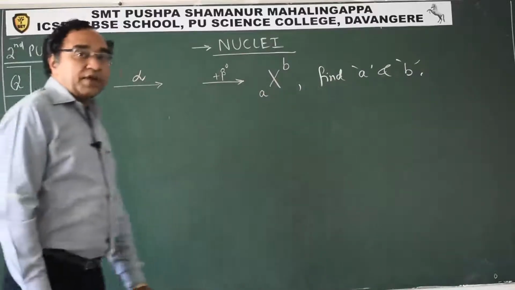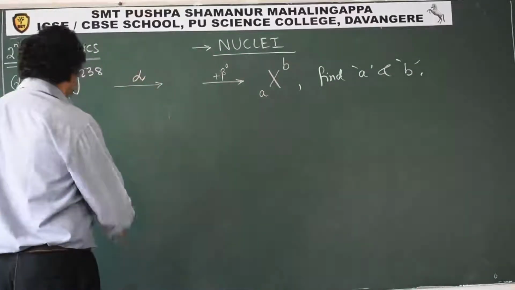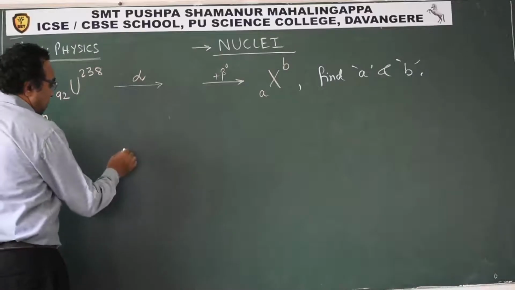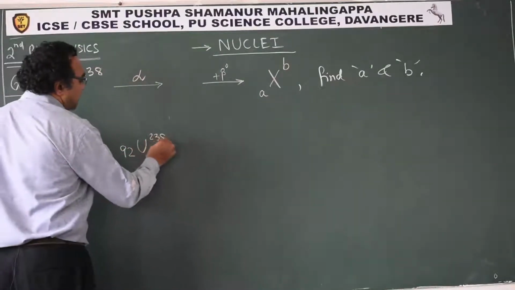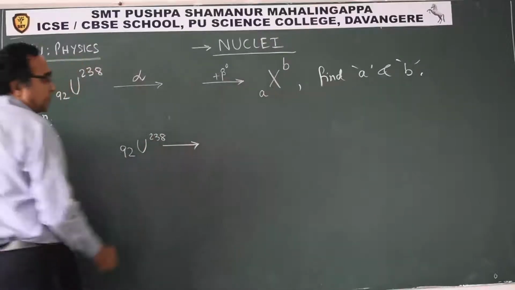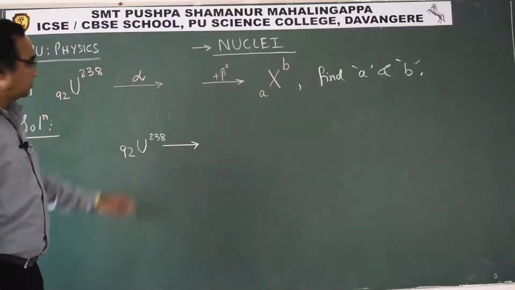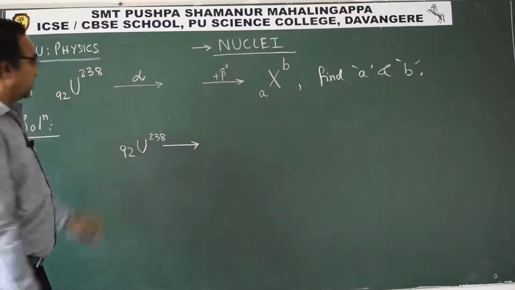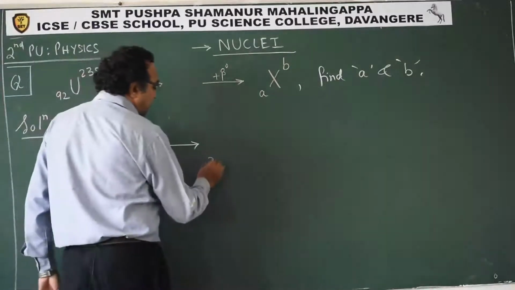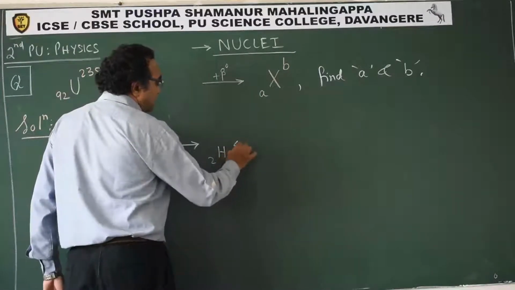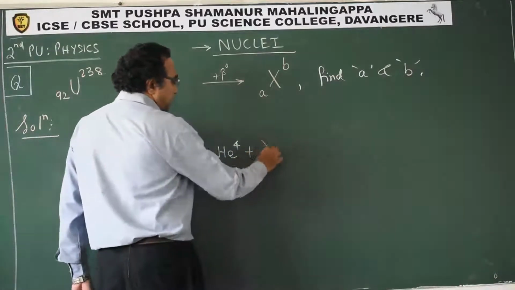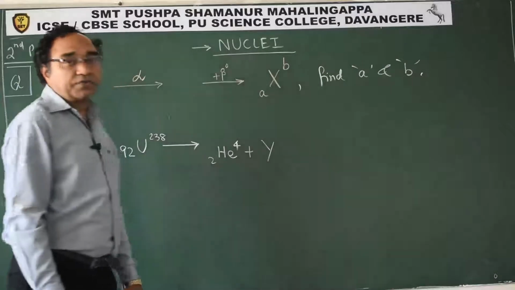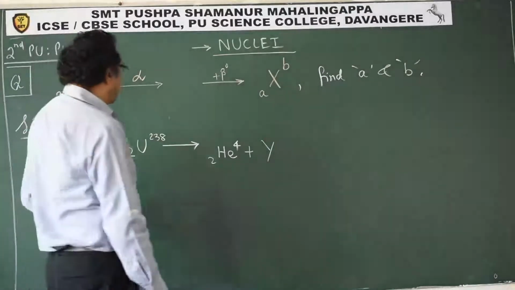Now, how to find this? If we see this 92U238, first it is giving one alpha particle. So I will write it as 2He4 plus, let us say the daughter nuclei which is formed is Y. So balance it.